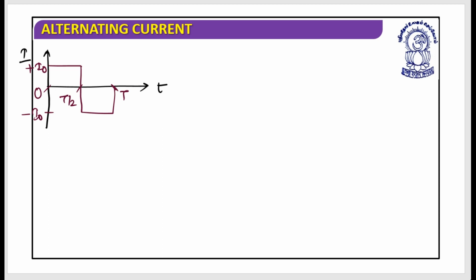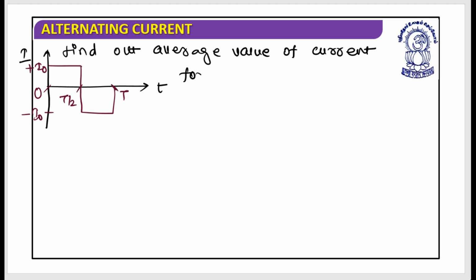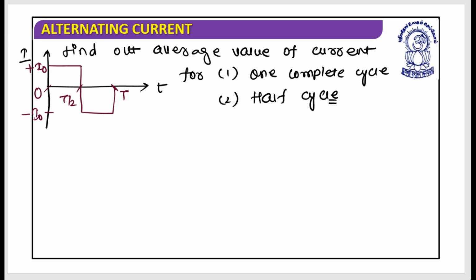So the question is to find the average value of current for the first one complete cycle and the second half cycle. So these two are the requirements: one complete cycle and half of the cycle.